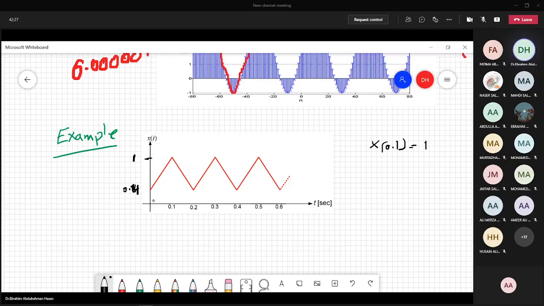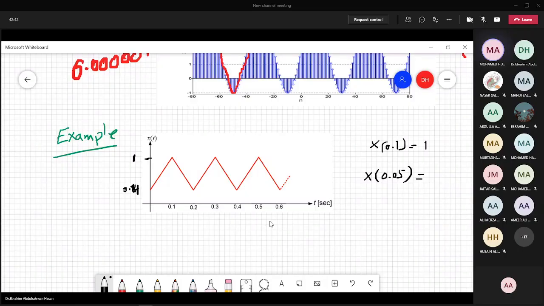But what is the value at 0.05? Approximately 0.8?